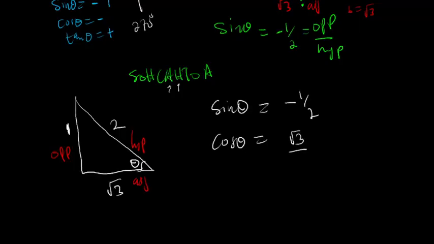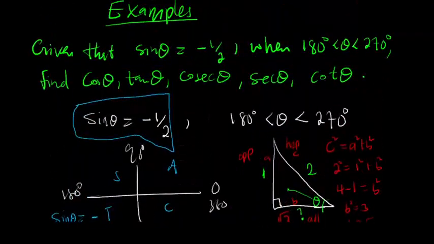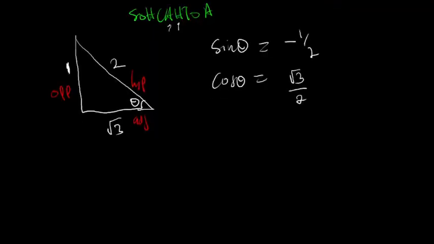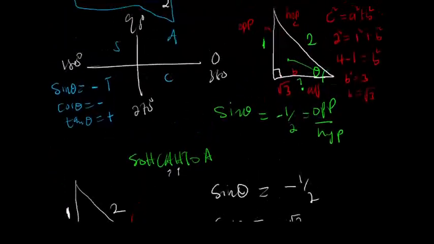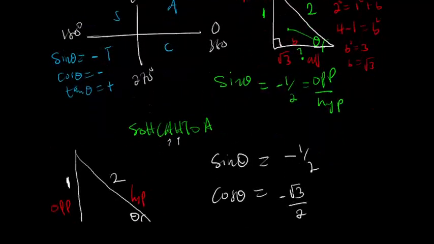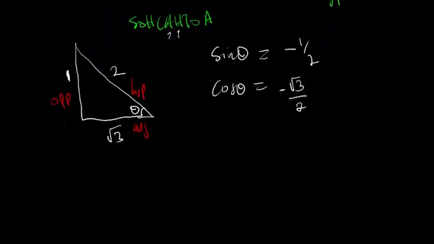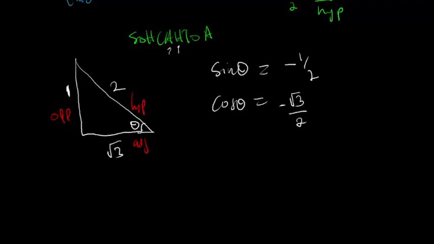But because of the quadrant, don't forget, the quadrant is the third quadrant. In the third quadrant, cos is negative, so you add minus. You can see how simple it is. Because in the third quadrant, sine and cos are both negative. That means your answer must be a negative answer.